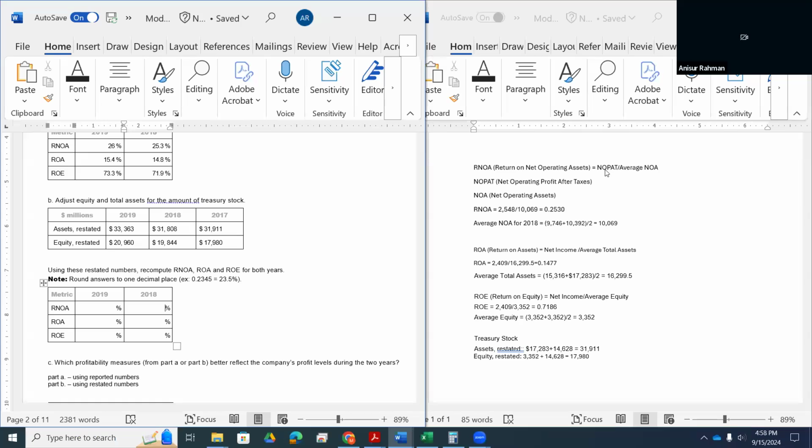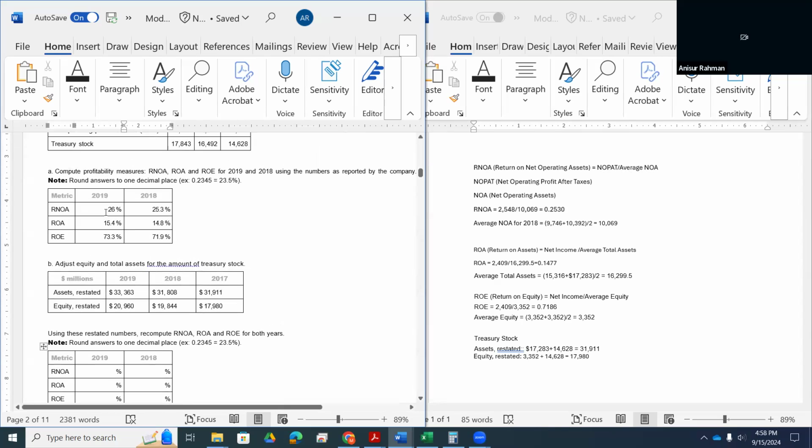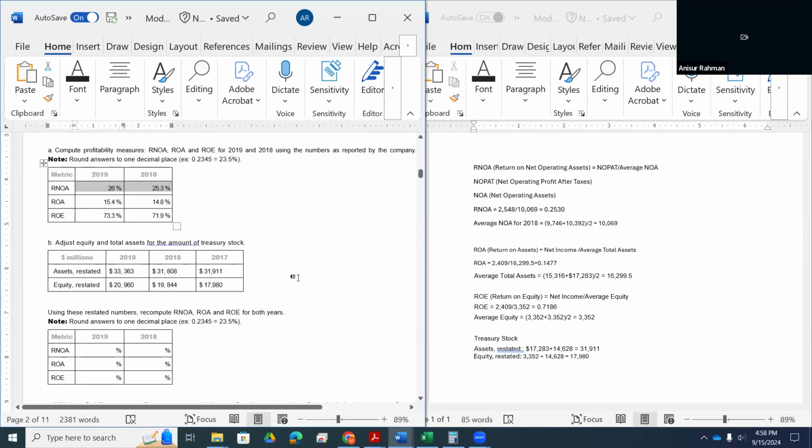So in this case, our adjustment did not affect NOPAT or net operating assets. So the value of RNOA will not change. So we'll just copy and paste the numbers from the previous part.